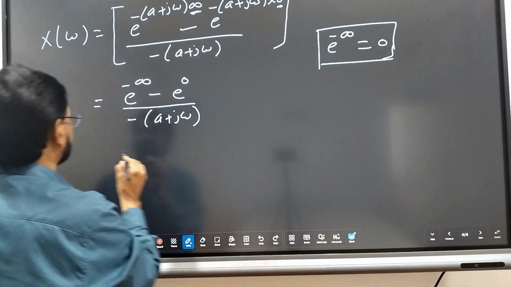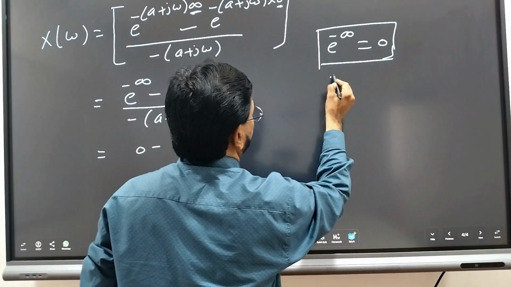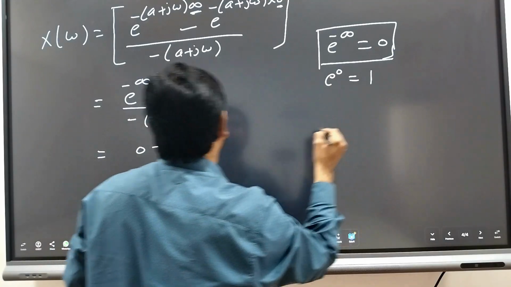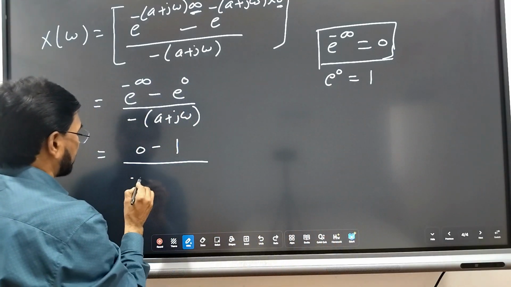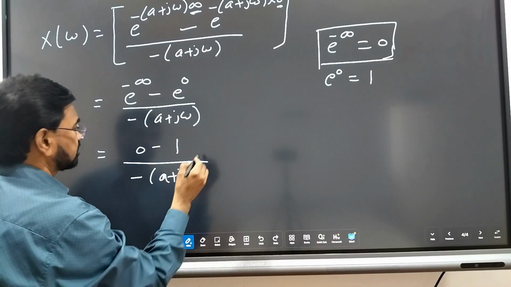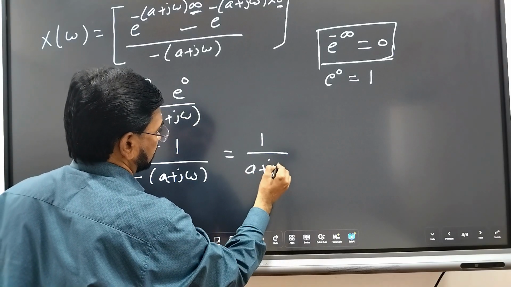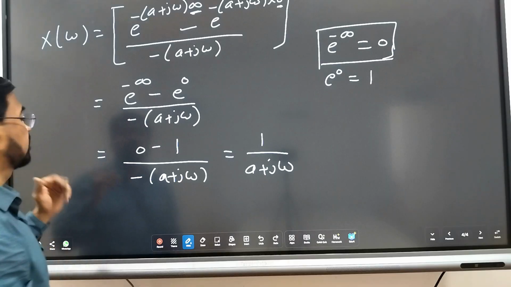Okay. So what we'll get? We'll get 0 minus 1. So e raised to 0 is equal to 1. So it is minus 1 divided by minus (a plus j omega), and this is equal to 1 divided by a plus j omega. This is our x of omega.